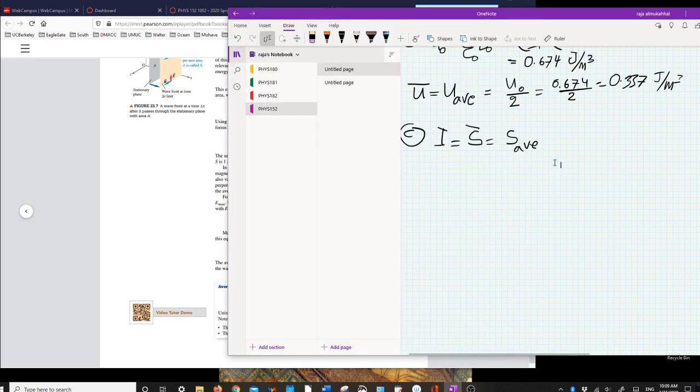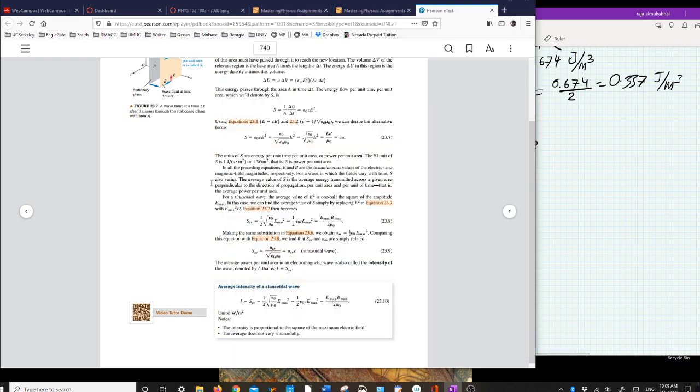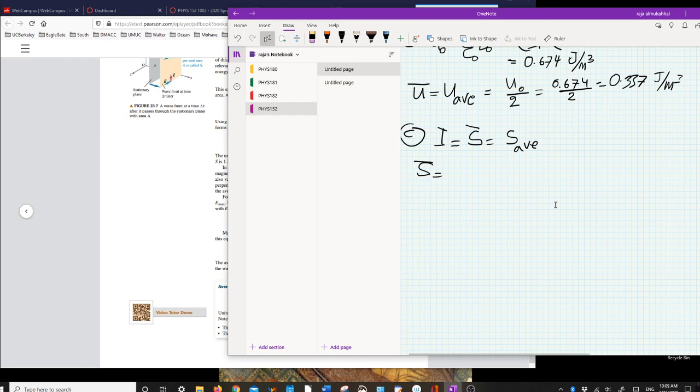So S average, S bar is, what is it? I can never remember them. UC or CU. Okay. So it's going to be C U bar. We already got that. So that's going to be 3 times 10 to the 8 times U bar, which is that.